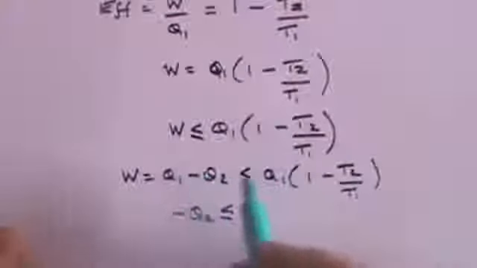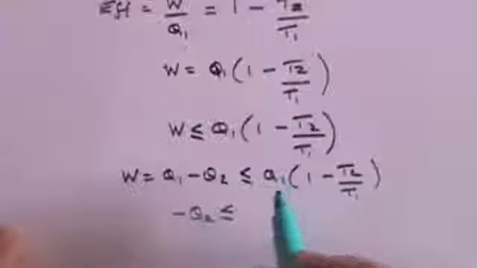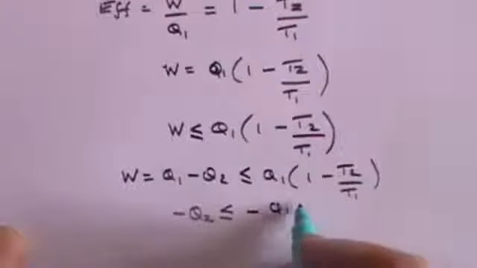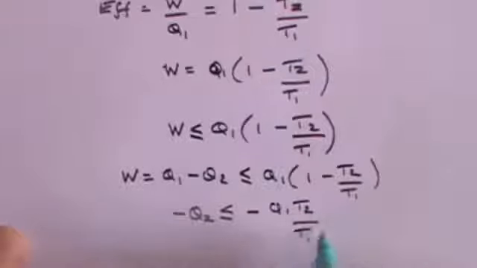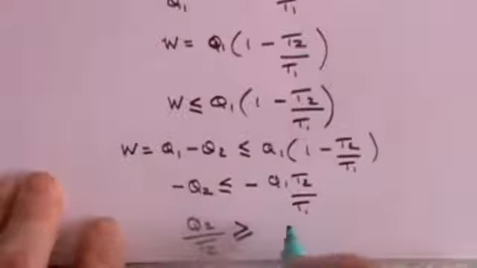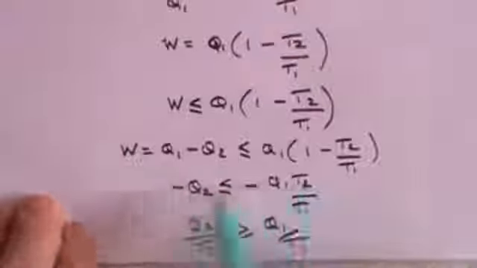Minus Q2 is going to be less than or equal to minus Q1 T2 over T1. And if you rearrange this equation, you will get that plus Q2 over T2 is greater than or equal to plus Q1 over T1.